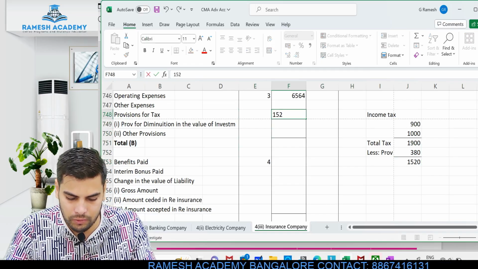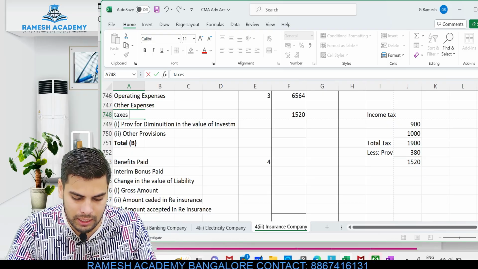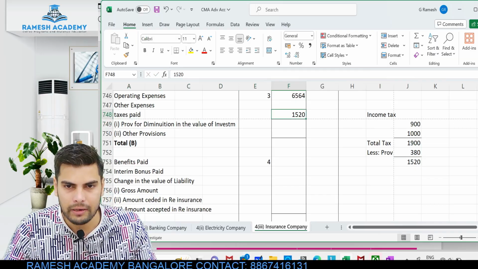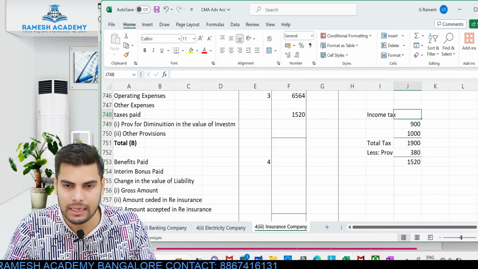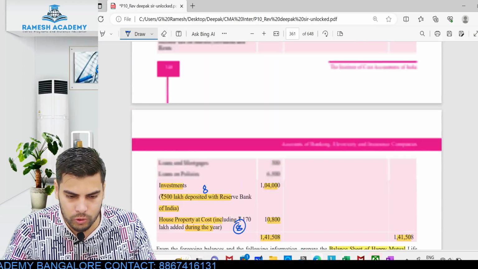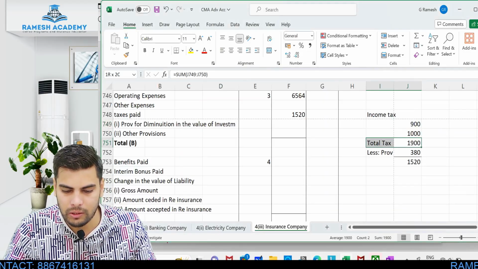So 1520, instead of writing it as provision for tax, you can also write it as taxes paid. 1520. I'll repeat this point. Understand this carefully. Here, for the taxes information, they have given two things in the trial balance. One is the income tax 900, another is income tax on interest, dividend and rent 1000. Put together it is 1900.